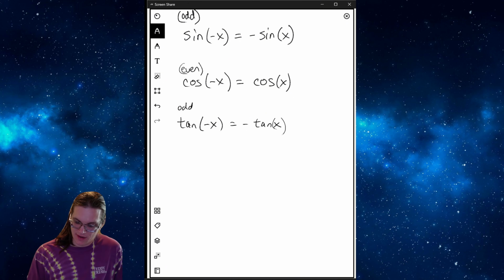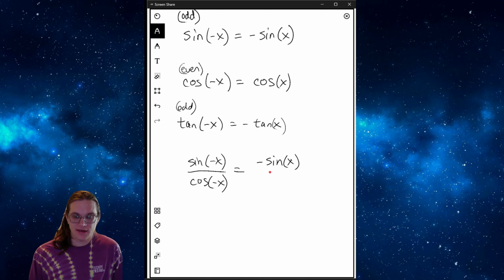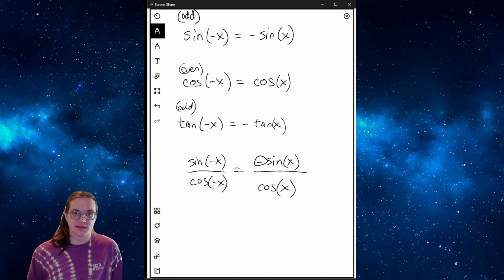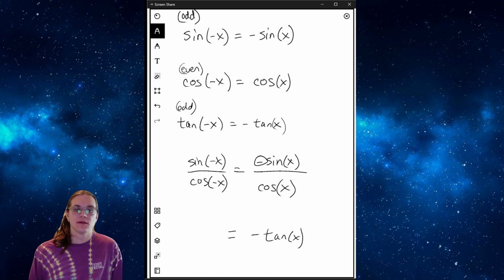Tangent is also odd and has the same rule as sine, because if you broke this down, you would do sine of negative argument over cosine of negative argument, which is the negative of the sine of regular x here, over cosine is even, so it doesn't care. And then look, you acquired this minus sign. So that equals negative tangent x. Just a quick way to show that.